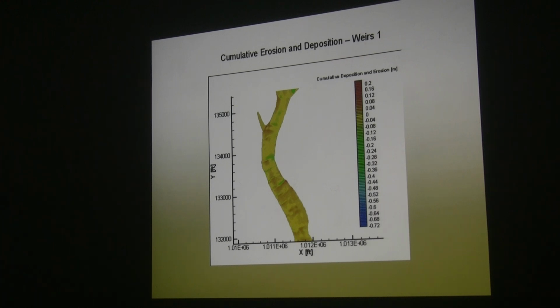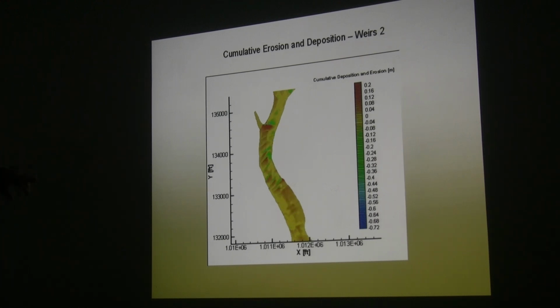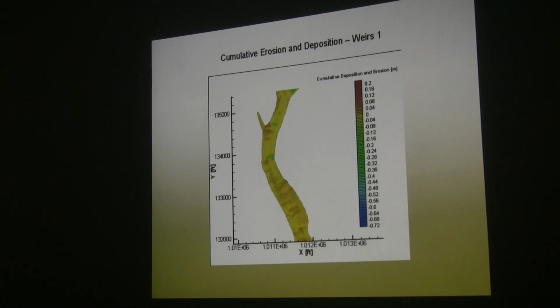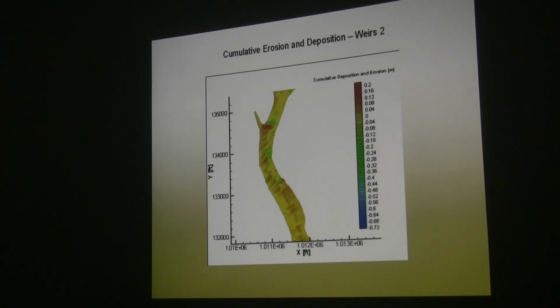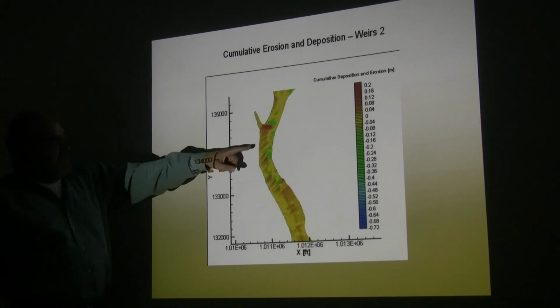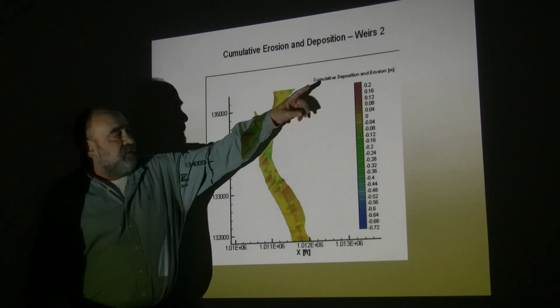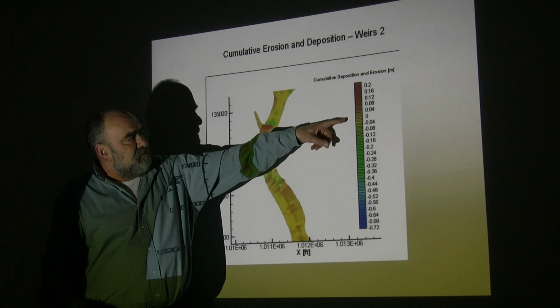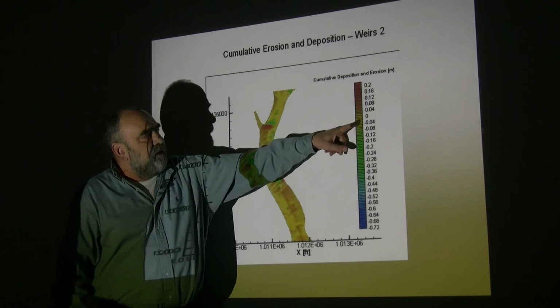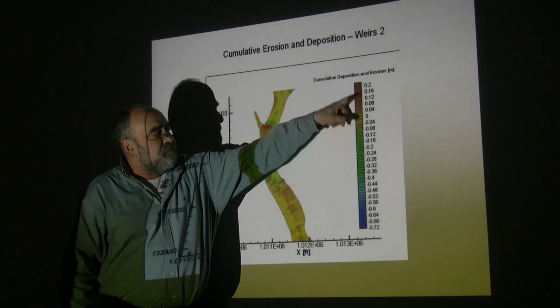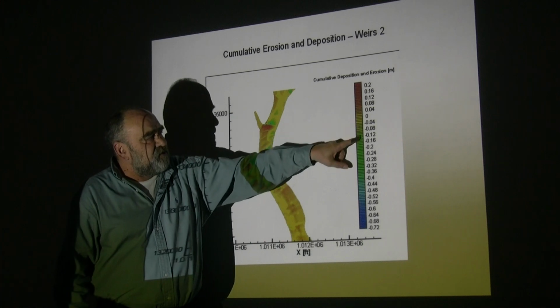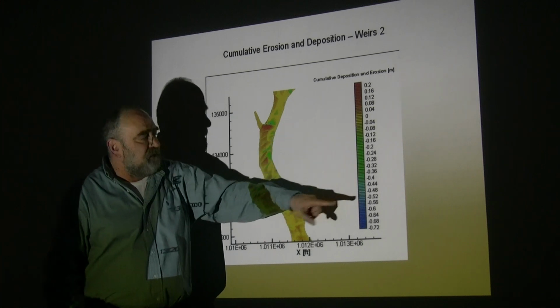I think that the next one, those are the results for the first one. It's more visible for the second set of structures. You see those streaks, first the scale. Scale says that yellow and then brown and red is deposition, and then greenish and dark green, etc. is erosion.